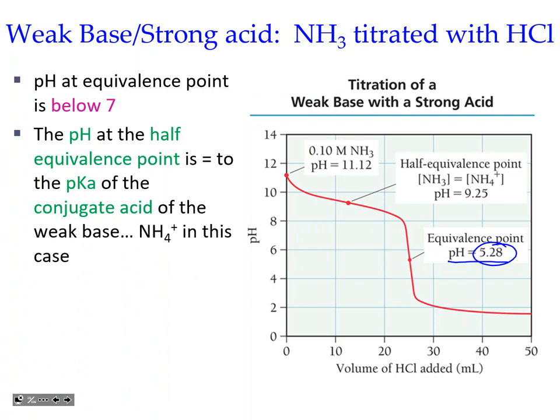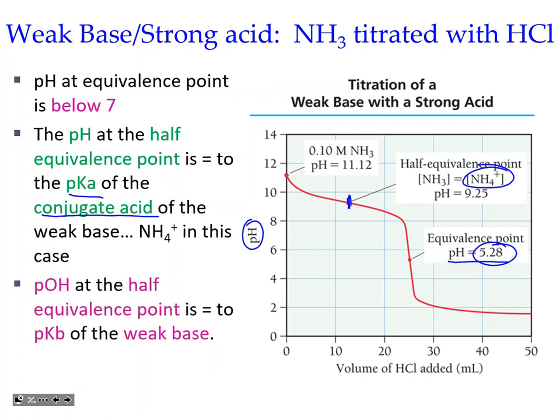The halfway point, the half equivalence point, is actually equal to the pKa of the conjugate acid. Because remember, this graph is measured in pH, it's not measured in pOH. So when we go to that half equivalence point, we're looking at the pKa of the conjugate acid. In that case, our conjugate acid happens to be our ammonium.